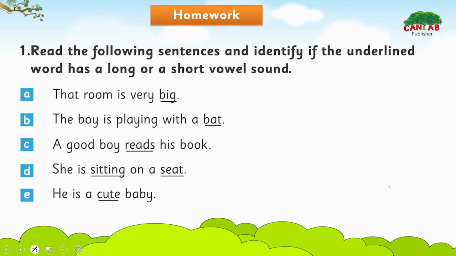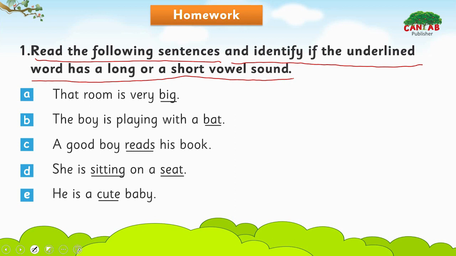Now, students, you have to pick up your homework. Read the following sentences and identify if the underlined word has a long or a short vowel sound. Number 1, that room is very big. Now big is shorter or longer?